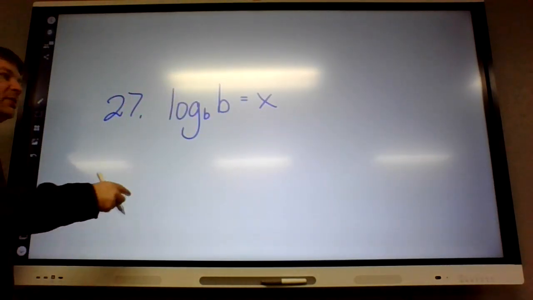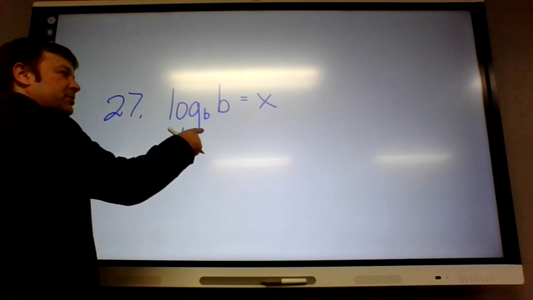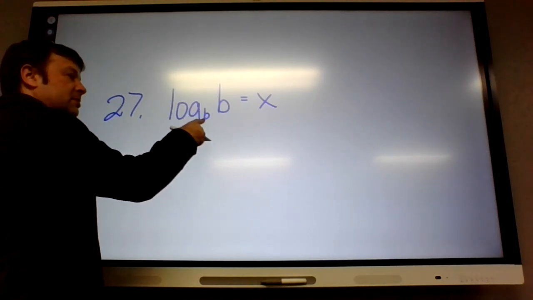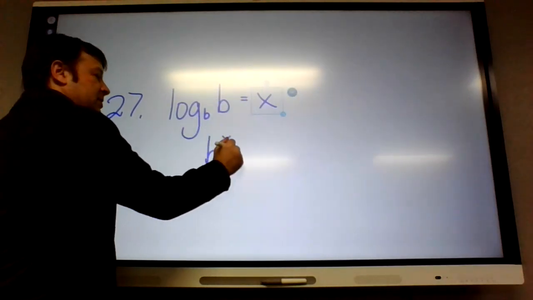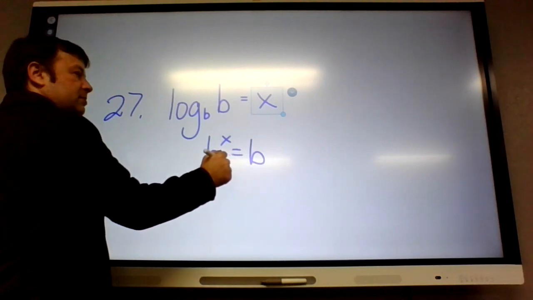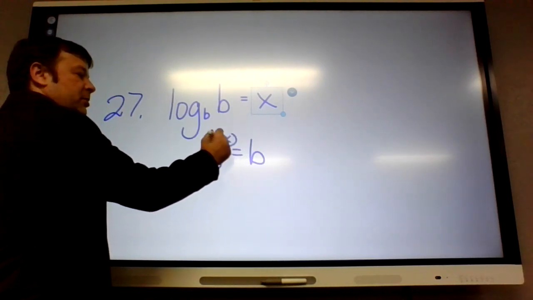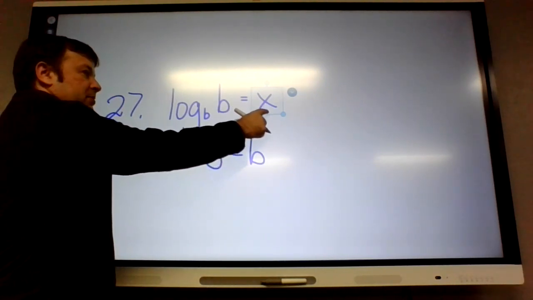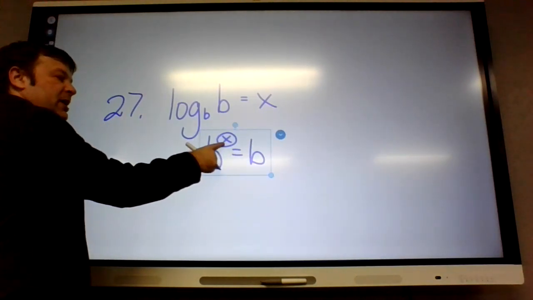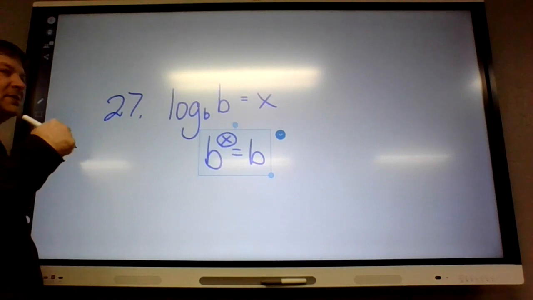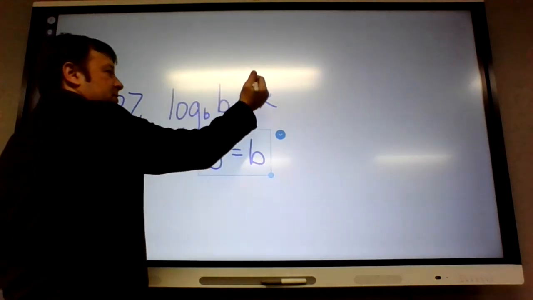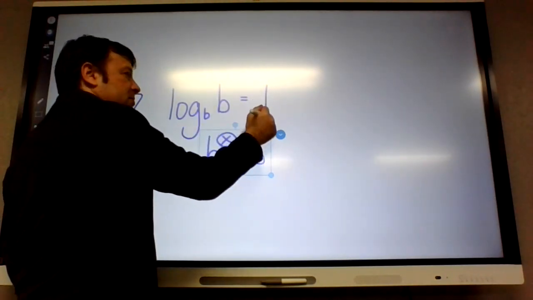If I change this to exponential form, b to the x equals b. So the x is like a question mark. b to the what power equals b? 1. So the answer is not b to the 1, the answer is just 1.